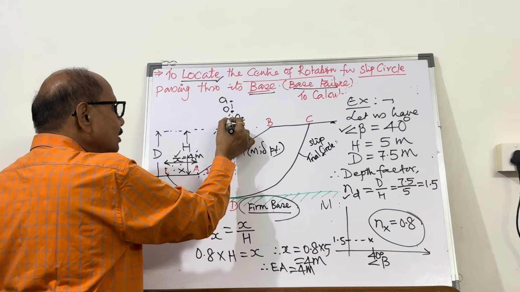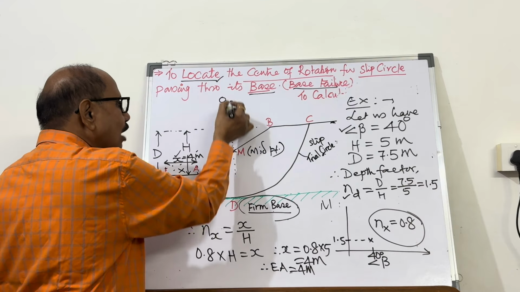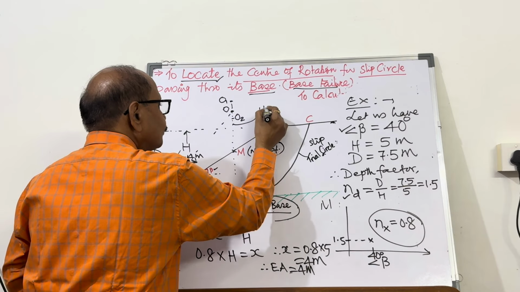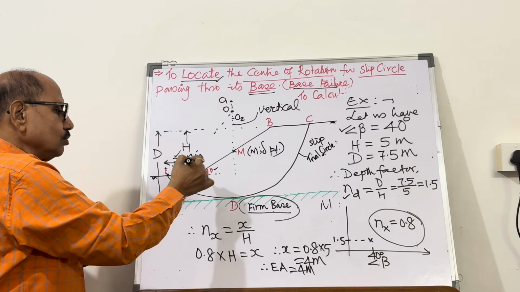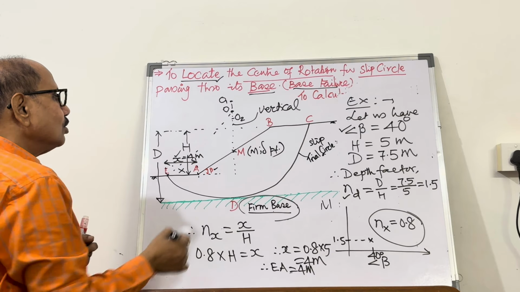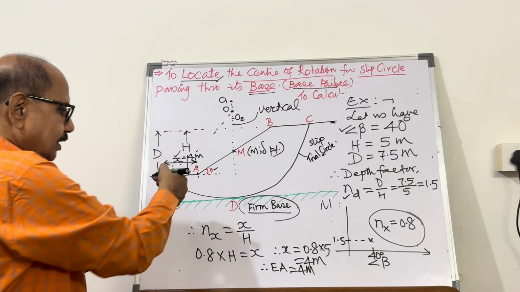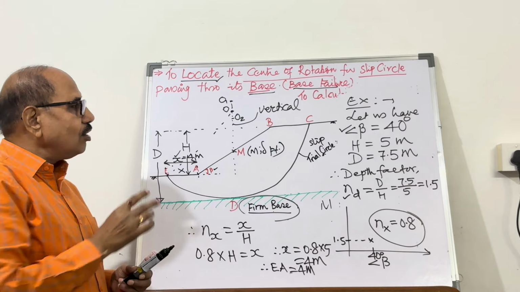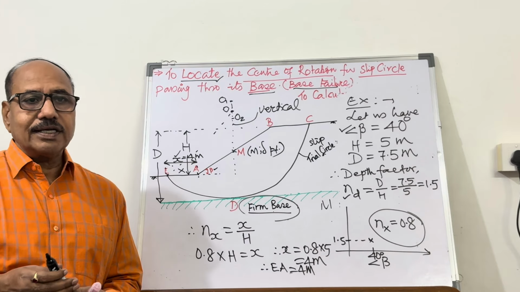If it is not, just take the center of rotation either up or down, but it should be on the vertical passing through M, such that whichever slip circle is drawn from the center of rotation, taking the radius as OE, is going to be tangent to the firm base. So this is how you can locate the center of rotation for a slip circle.